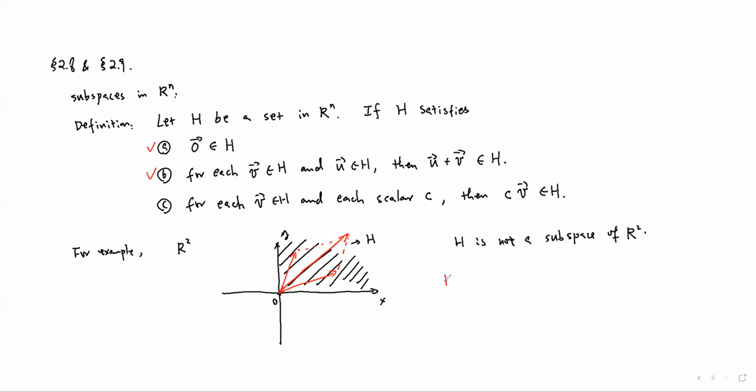Because if I pick the scalar c to be -1, for example, and pick a vector from H, this green vector, let me call it vector v, then negative 1 times v is negative v, which is outside H. So this set does not have property C. Therefore, H is not a subspace of R2.